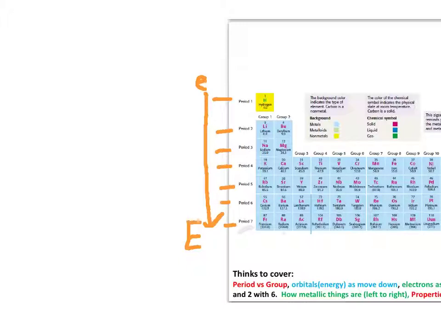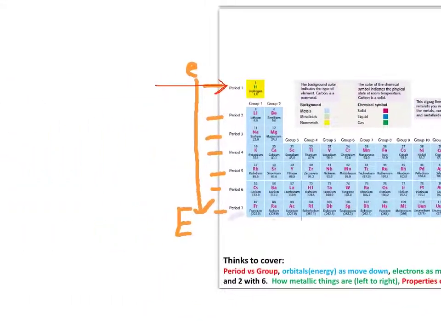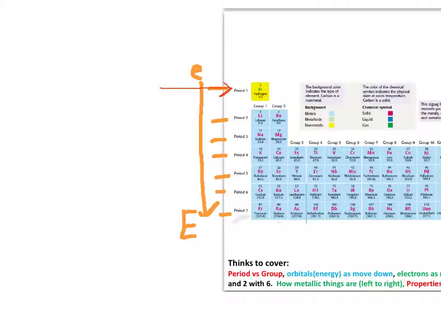Atoms on the first period here, which is hydrogen and helium way across over here, they only have one electron shell. And atoms in the second period have two shells.